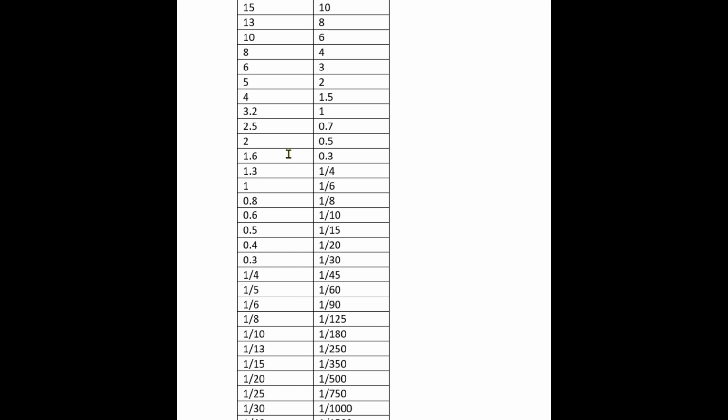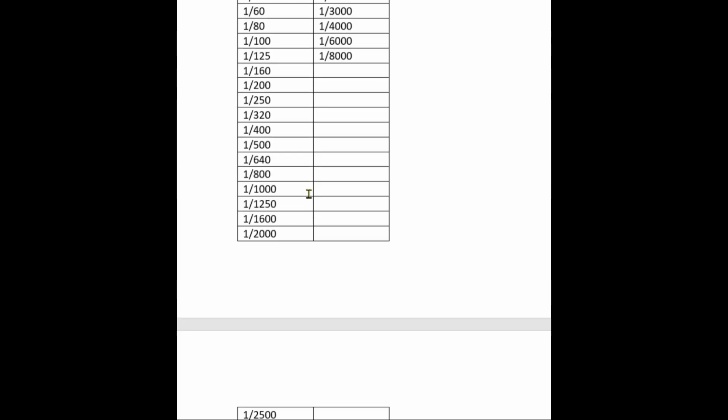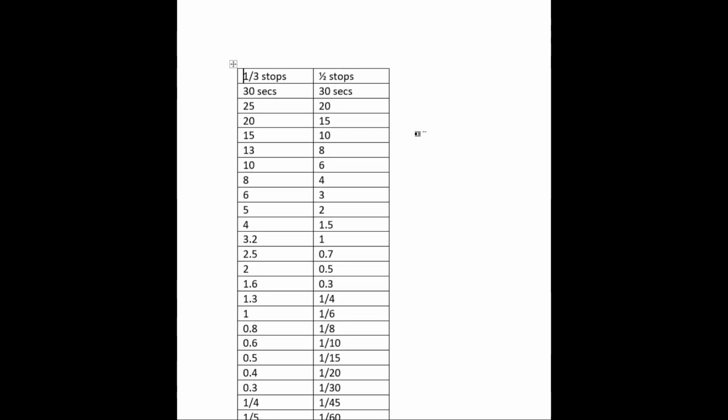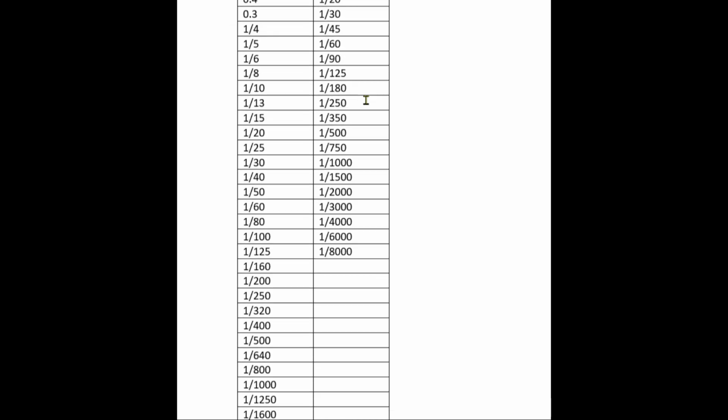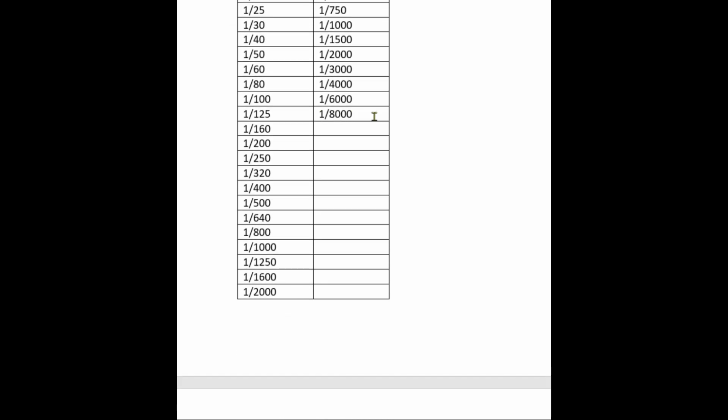So if we just have a look at these different stops, in third stops you've got 30 seconds, 25 seconds, 20 seconds, 15 seconds, going all the way down to 1/8000th of a second. And if you've got it in half stops, it starts with 30 seconds and it goes down to 1/8000th of a second.